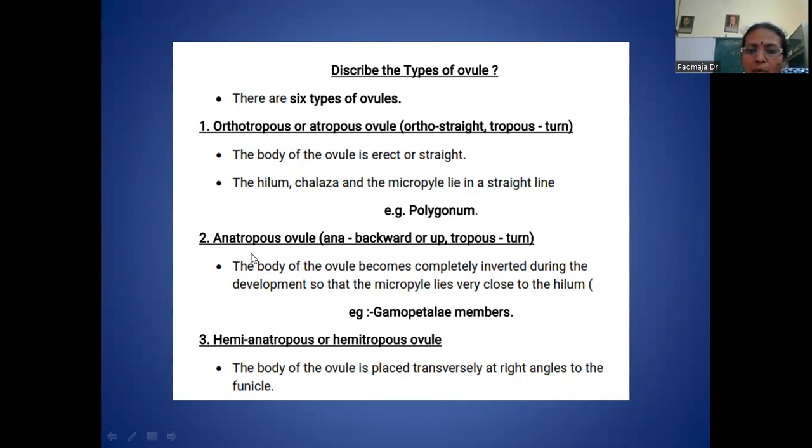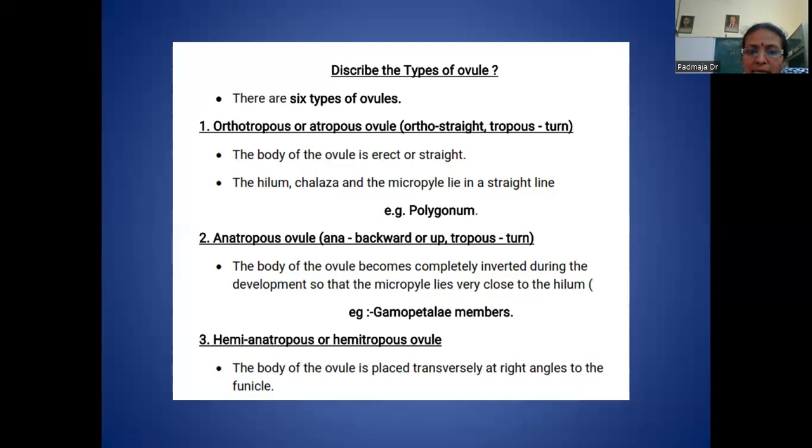And the anatropous ovule is a totally inverted ovule, and it is also called the advanced ovule. In the family Asteraceae, we see this type of ovule, the anatropous ovule, where the body of the ovule becomes completely inverted and the micropyle lies towards the funicle.